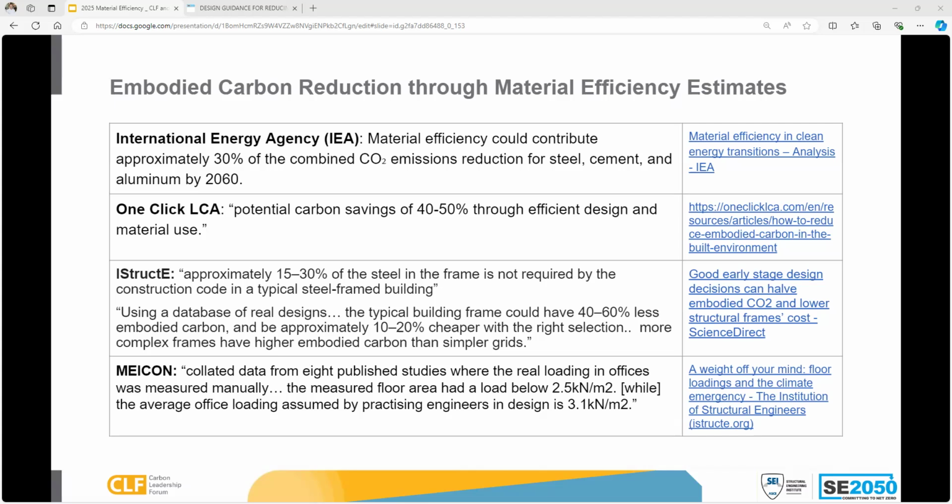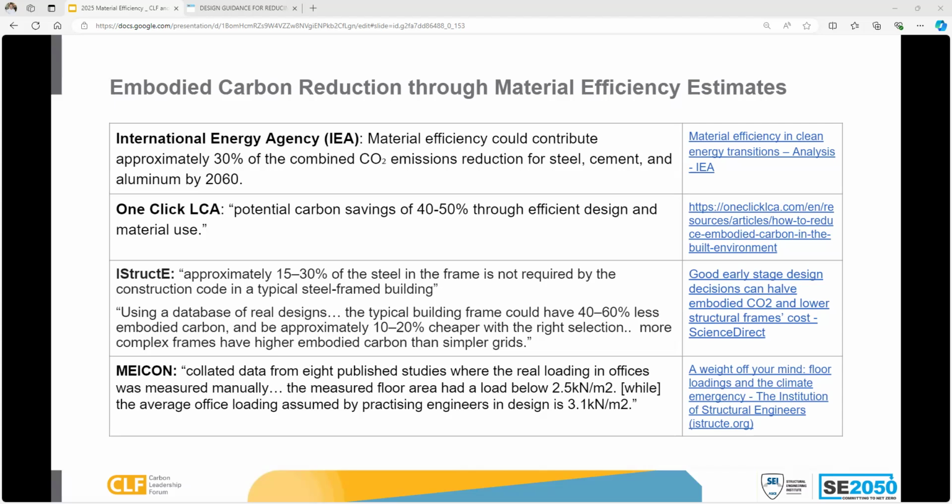So from the International Energy Agency, one of the global authorities on energy use, they did a study a few years ago that identified that for steel, cement, and aluminum, there could be approximately a 30% savings if we could just use materials more efficiently.